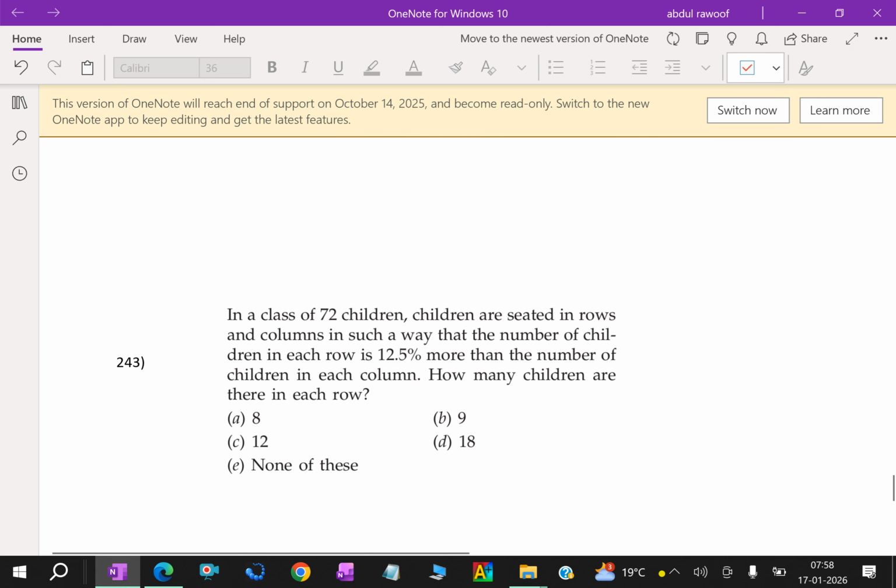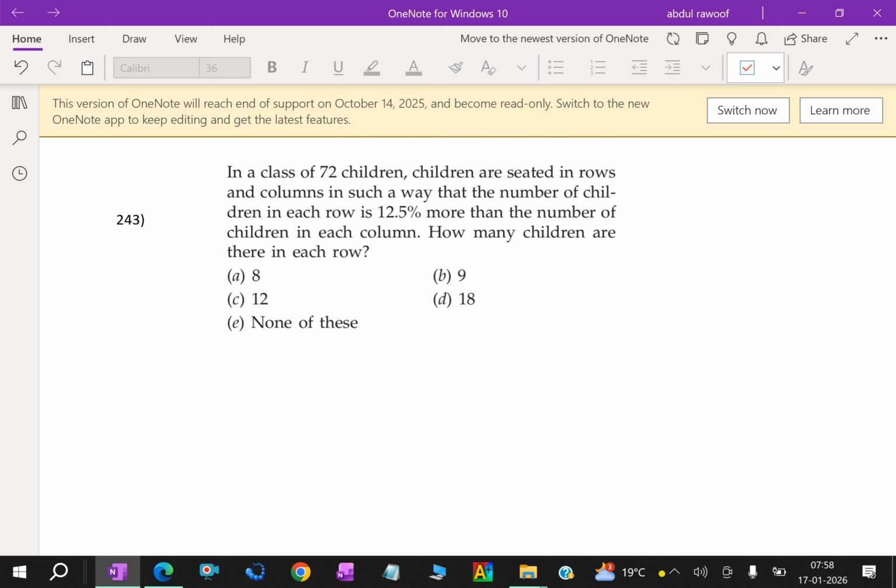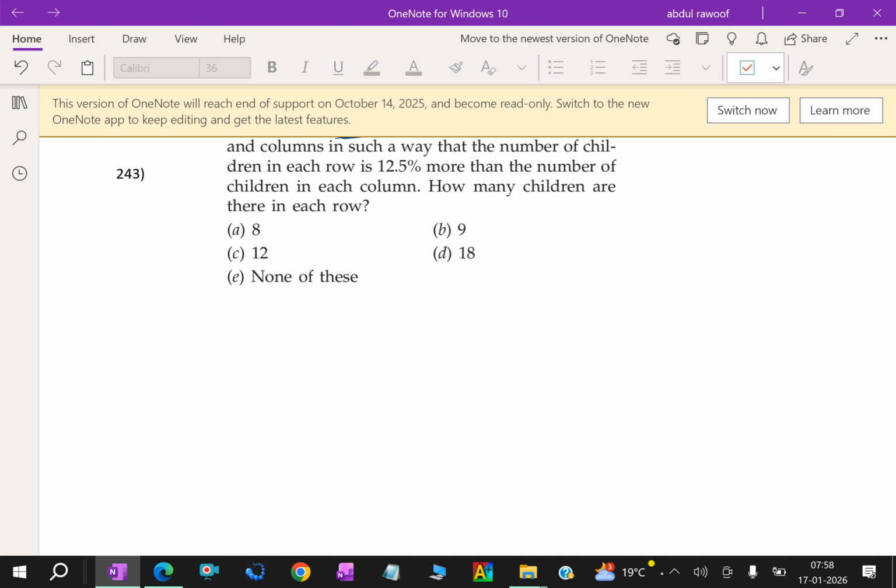Next question. In a class, there are 72 children. Children are seated in rows and columns in such a way that the number of children in each row is 12.5% more than the number of children in each column. Let the number of children in each column be x.